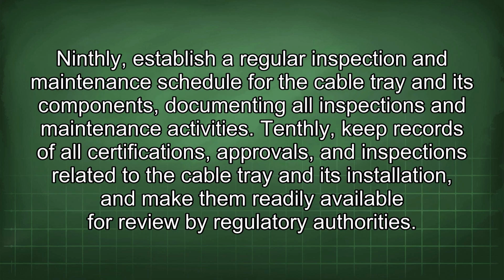Ninthly, establish a regular inspection and maintenance schedule for the cable tray and its components, documenting all inspections and maintenance activities. Tenthly, keep records of all certifications, approvals, and inspections related to the cable tray and its installation, and make them readily available for review by regulatory authorities.